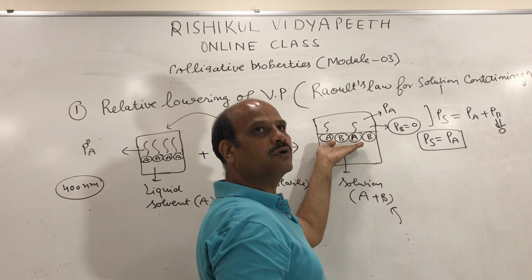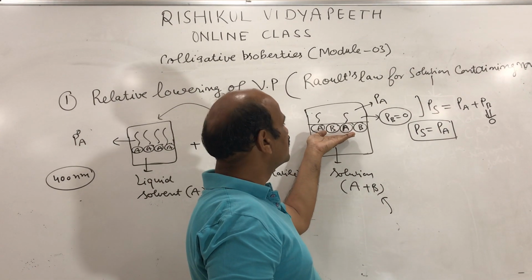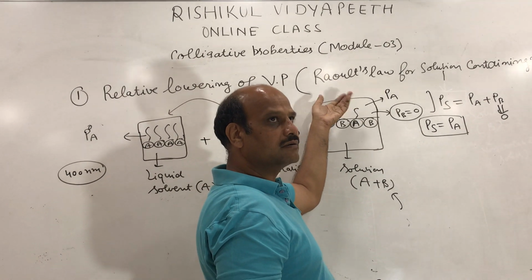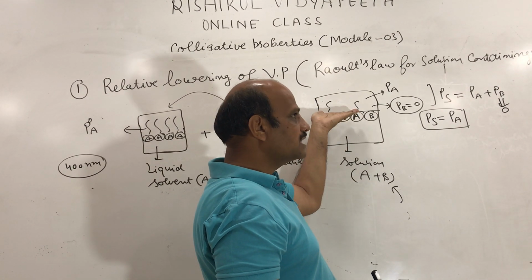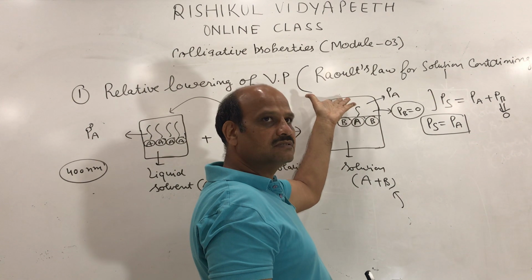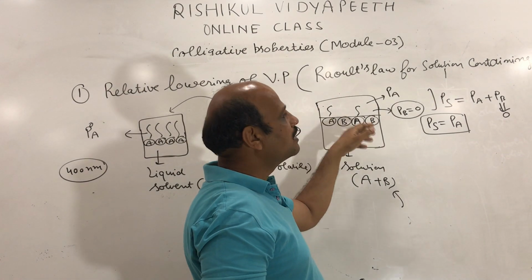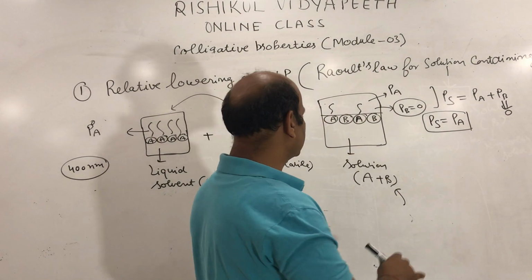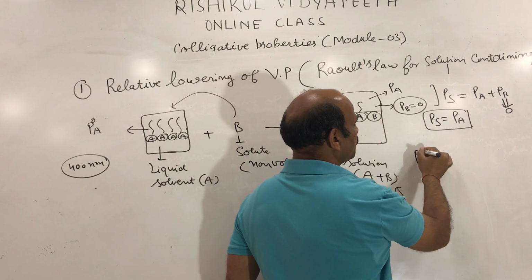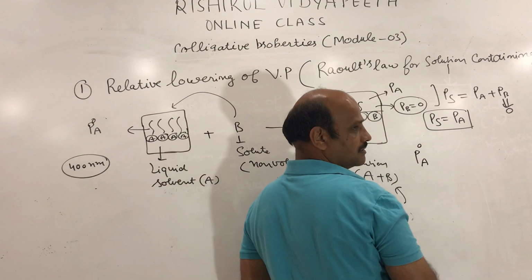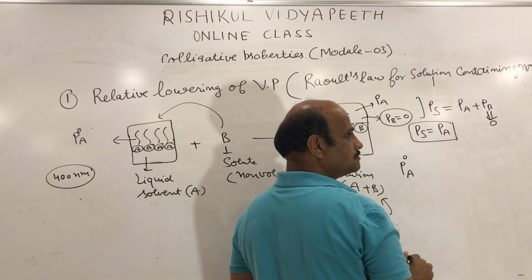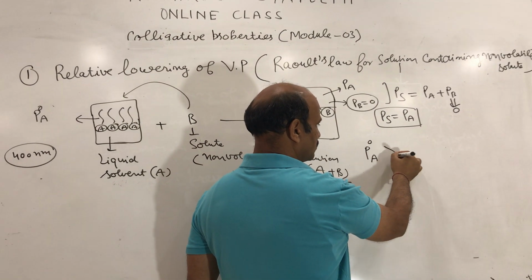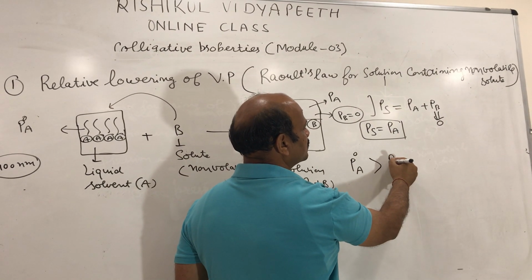It won't be 400 now. So the vapor pressure of pure solvent, P naught A, is more than the vapor pressure of the solution.